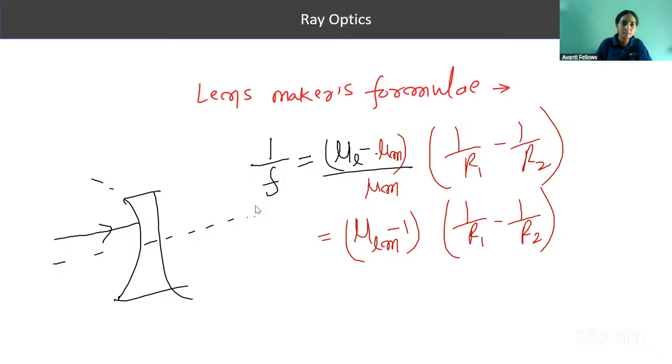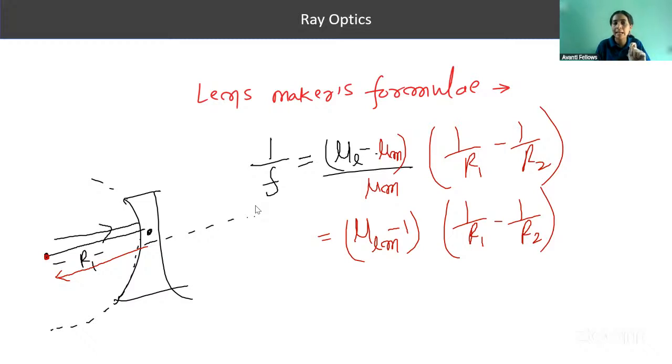This curved surface is a part of a larger sphere, and it will have a center somewhere. Its radius of curvature is R1, and we measure from the optical center. R1 is getting measured in the opposite direction of the incident light, that is, towards the left, because the center is here. So this will become R1.